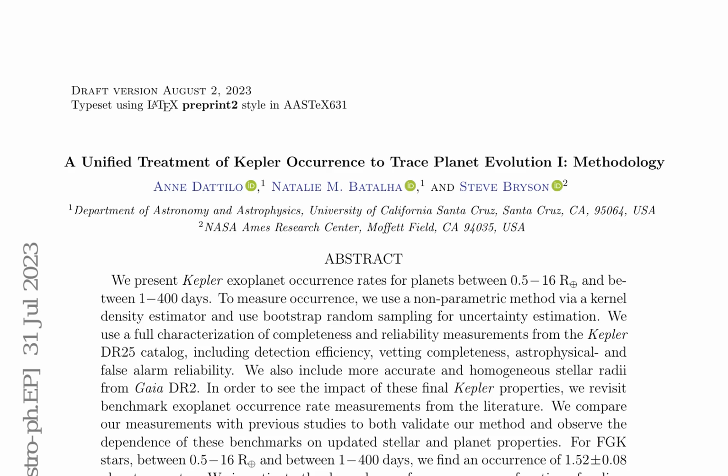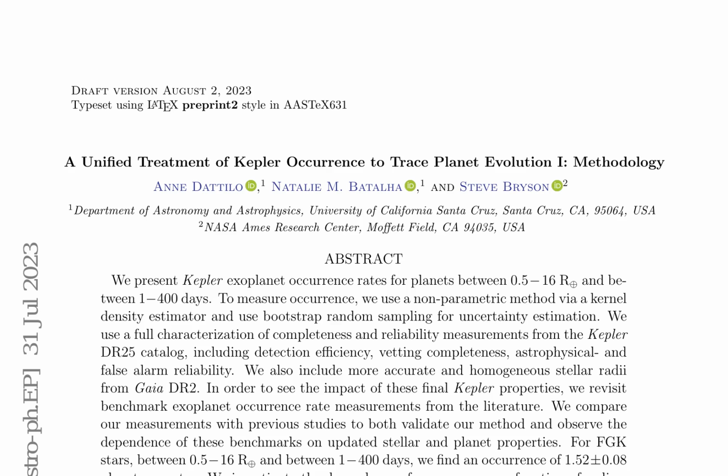The authors discuss the limitations of their approach, including the assumption that the detection efficiency, geometric transit probability, and vetting completeness are independent, and the lack of accounting for transit multiplicity. Despite these limitations, the authors expect the resulting difference in their measurements to be small.